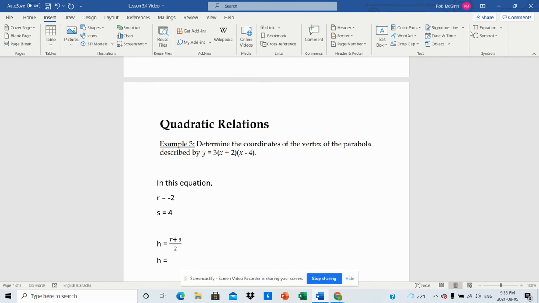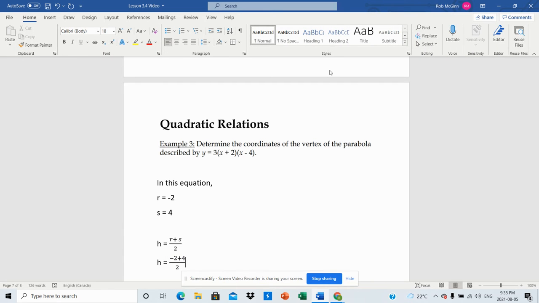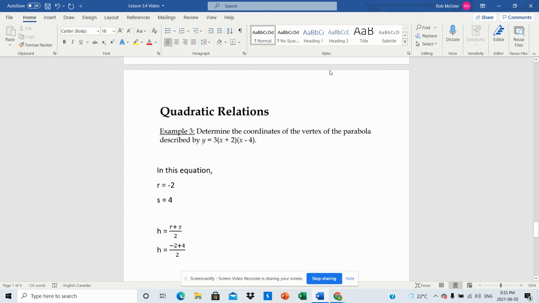I'm just going to switch over and add fractions in to keep it nice and pretty. So r is minus 2. We're going to add that to 4, and we're going to divide that by 2. Minus 2 plus 4 is going to go to 2.